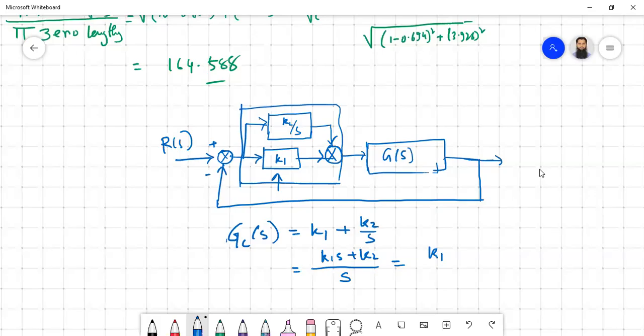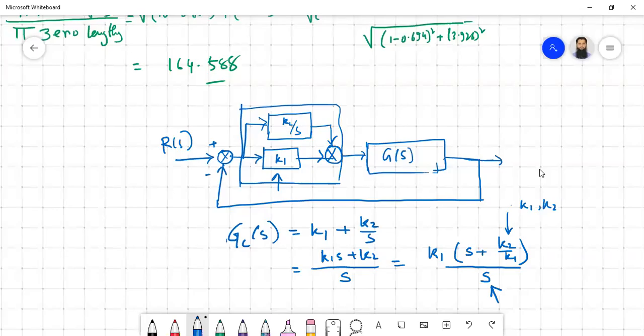What we get is K1 times (S plus K2 by K1) divided by S. So this is your pole at the origin, and this is your nearby zero. By tuning the value of K1 and K2, you can actually select the value of the zero. The closer the better to the origin, but then the angle and the magnitude contribution will be almost zero.